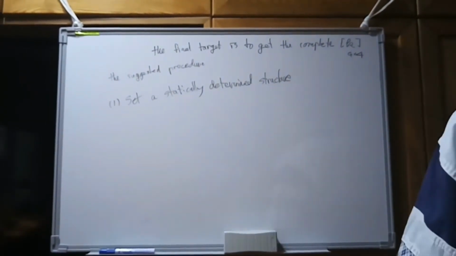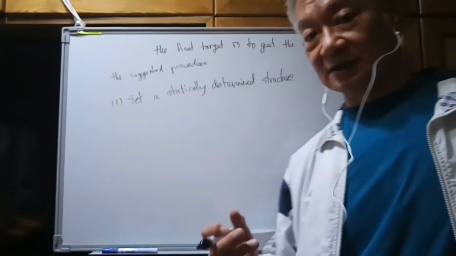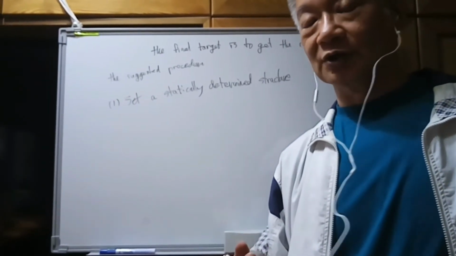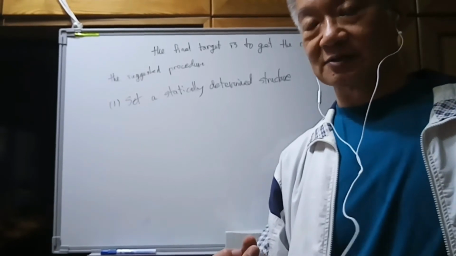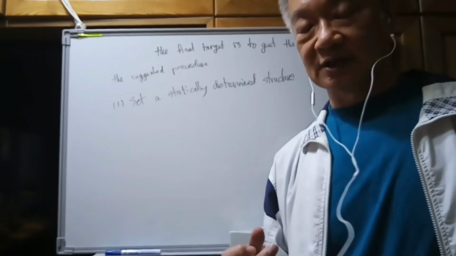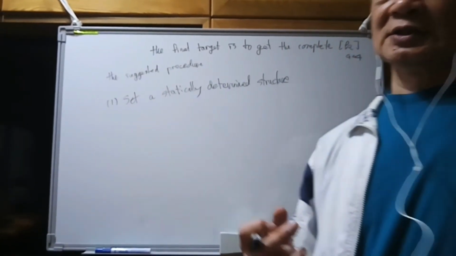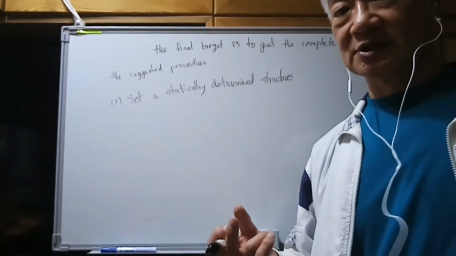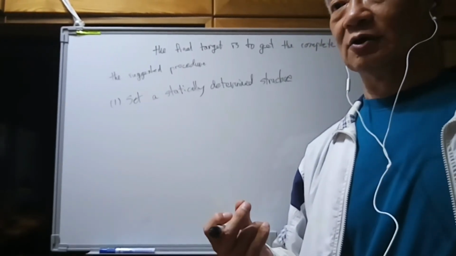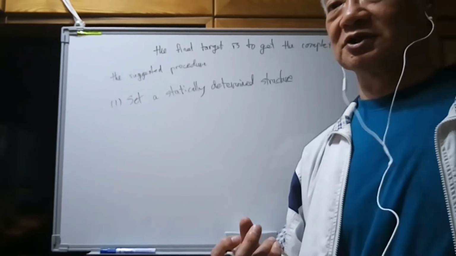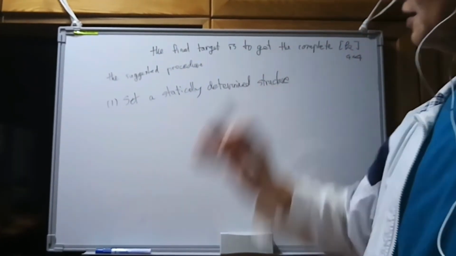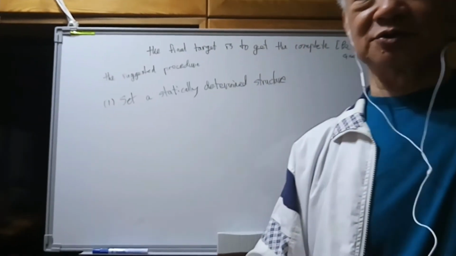In your homework, we need to solve the flexibility matrix. If the problem is statically determinate, then it will be easier to solve the flexibility coefficients and also the flexibility matrix. So usually we just set a statically determinate structure.